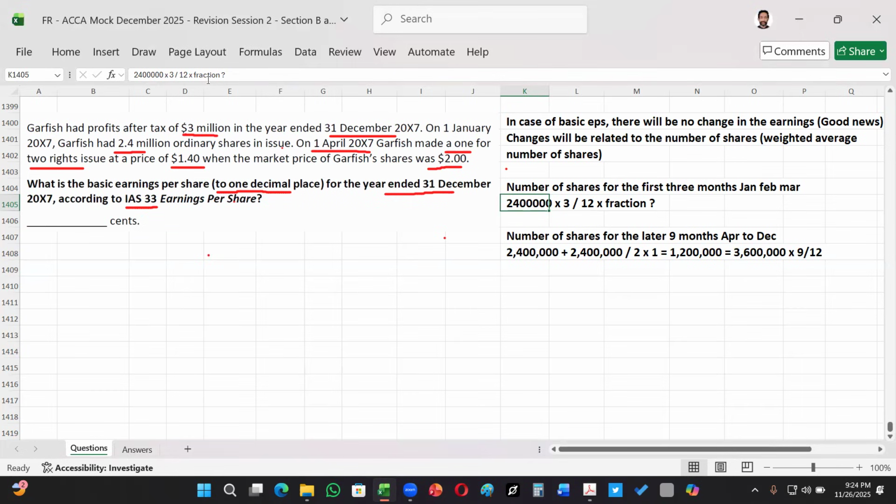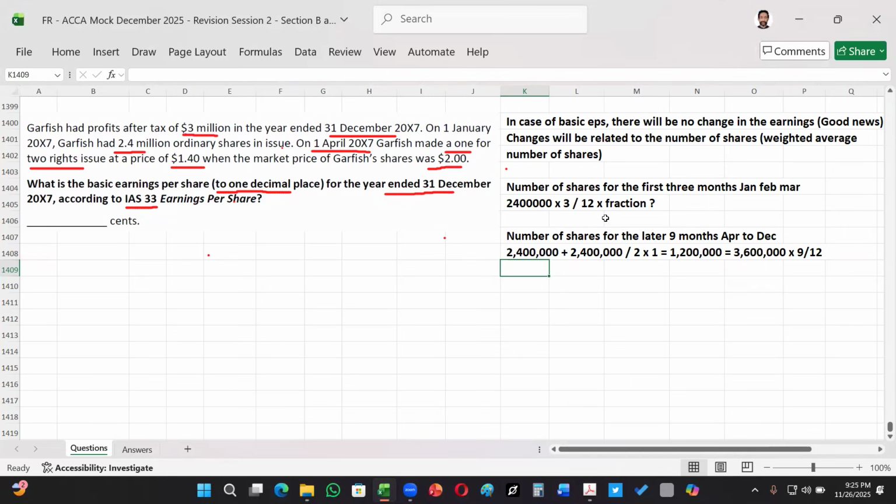I hope you understand. You could also recall, the number of shares in these 9 months have these rights, but in the first 3 months there are no rights issues. So we want to have the number of shares evenly throughout the year, because if we do not have that, this is going to have an impact on the calculation of EPS.